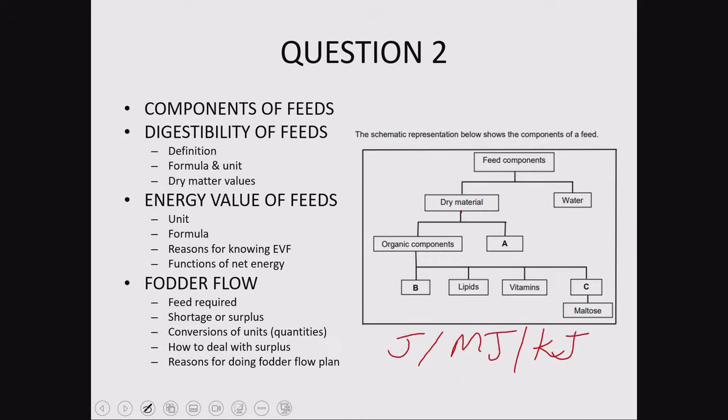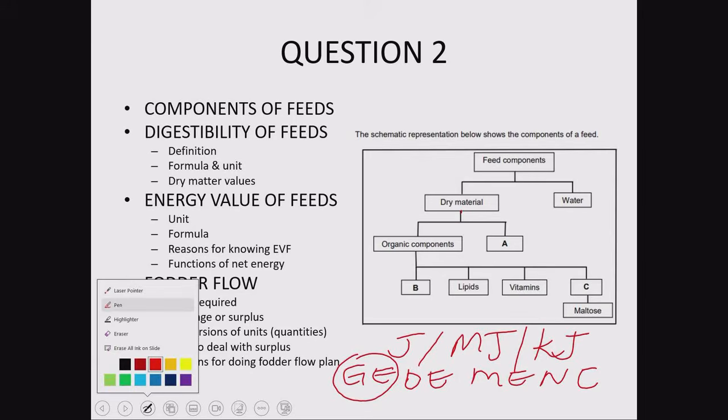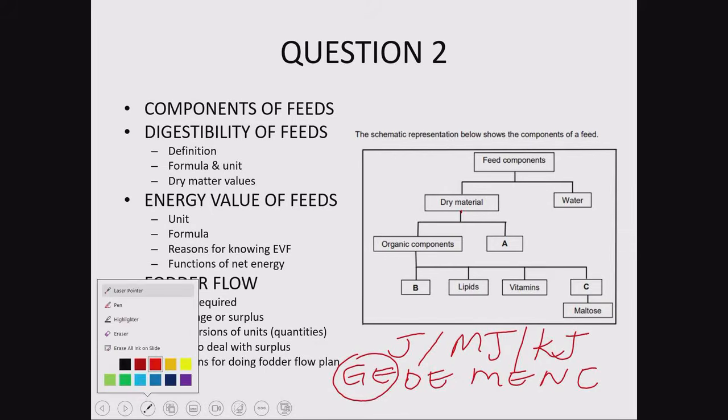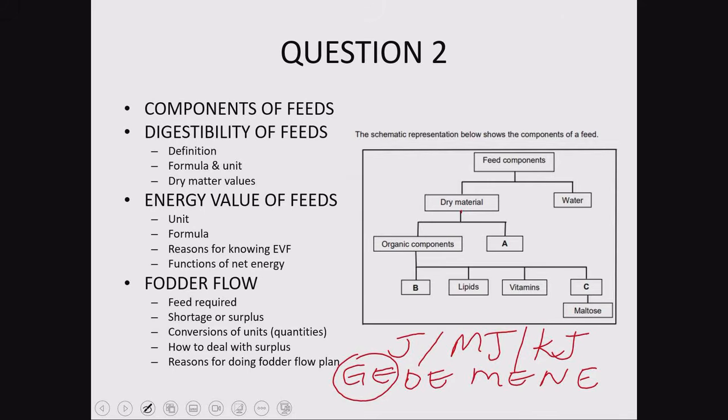And then the formulas for calculating each energy value of feed, you must know the sequence of the energy values that you have, a term that we call GE, DE, ME, NE. GE stands for gross energy. DE stands for digestible energy. ME stands for metabolic energy. And NE stands for net energy.